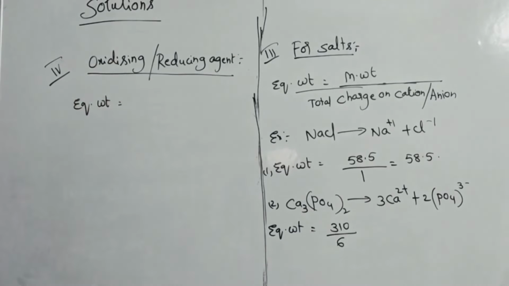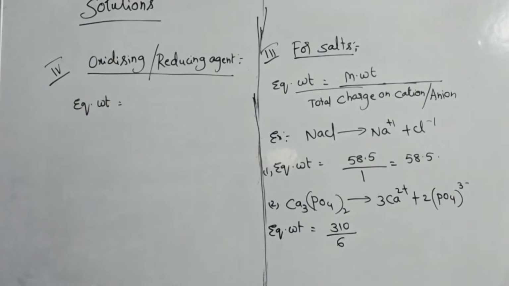You have to find volume V. Substituting in the formula, 0.8 is equal to 0.1 by V. Cross multiplying, V is equal to 0.1 by 0.8, which is 1 by 8 liters. 1 by 8 in decimal is 0.125 liters.